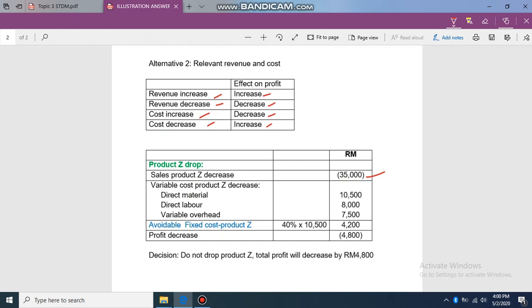Each of the variable costs for producing Z could be avoided, so you have to plus the profit increase: material 10,005, labor 8,000, and variable overhead 7,500. Okay, finished about the variable cost.